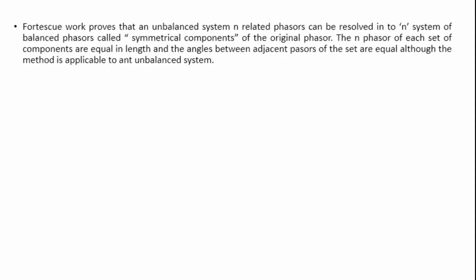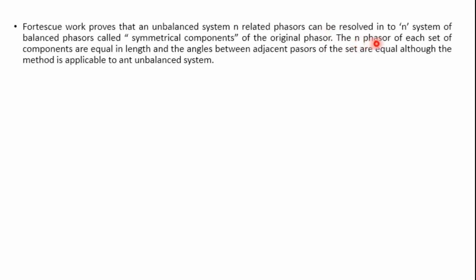Let's understand the explanation made by the scientist Fortescue. According to the Fortescue theorem, he proves that an unbalanced system of n related phases can be resolved into n systems of balanced phases. These are called the symmetrical components of the original phases.